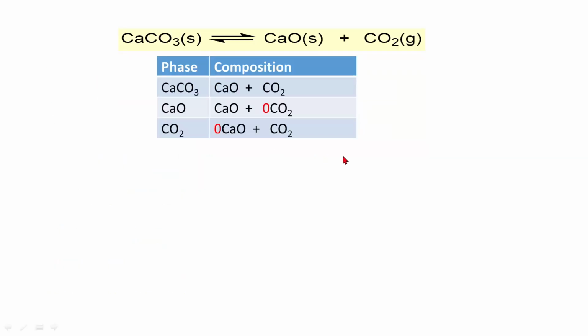This can be seen in tabular form. Calcium carbonate composition can be obtained from calcium oxide and carbon dioxide. Calcium oxide plus 0 carbon dioxide, 0 calcium oxide plus carbon dioxide. So there are two components in the system.